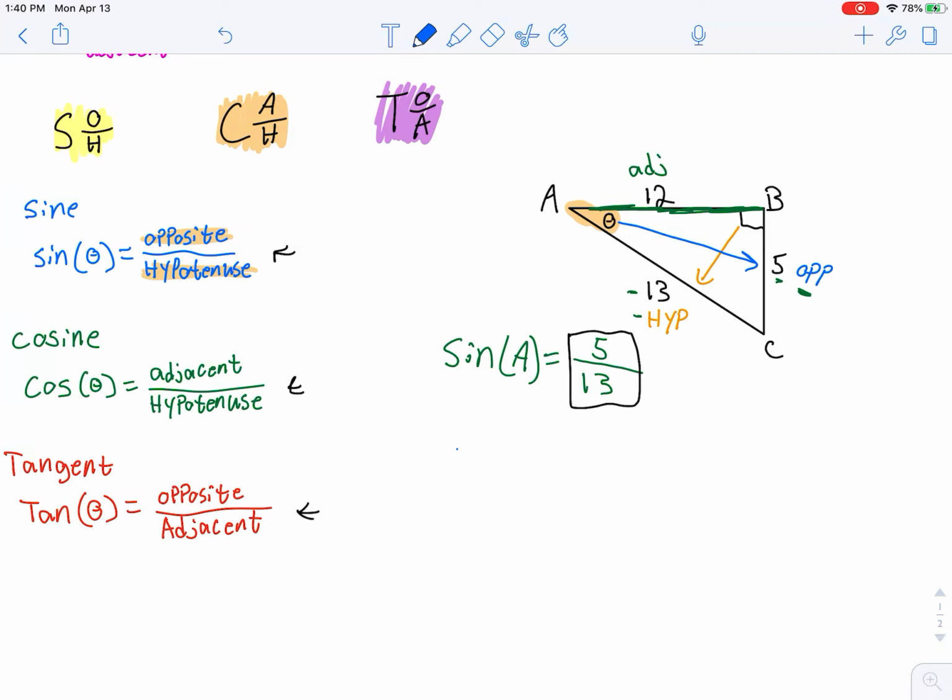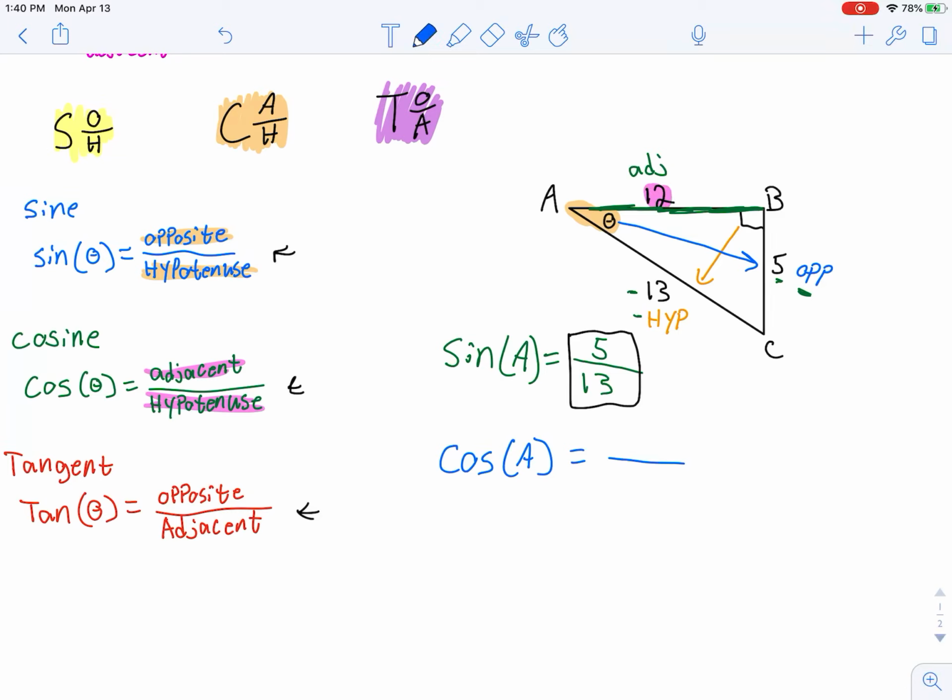So my next one I'm going to do is cosine of A. Okay, so cosine used adjacent and hypotenuse. Okay, so my adjacent is going to go on the top of the fraction. The hypotenuse is going to go on the bottom of it. So what did I label adjacent? I labeled the 12.